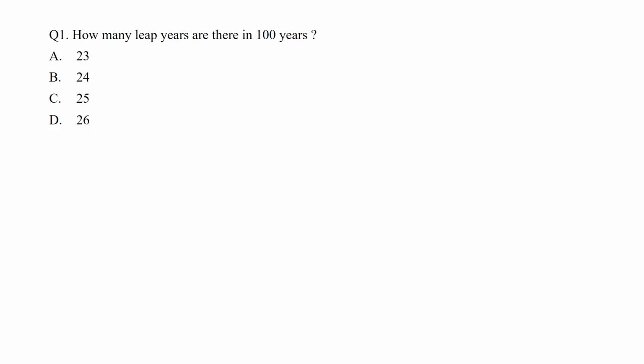Let's solve this simple problem. How many leap years are there in 100 years? Mostly people will predict that the answer is 25, but the answer is 24. There are 24 leap years in a gap of 100 years.